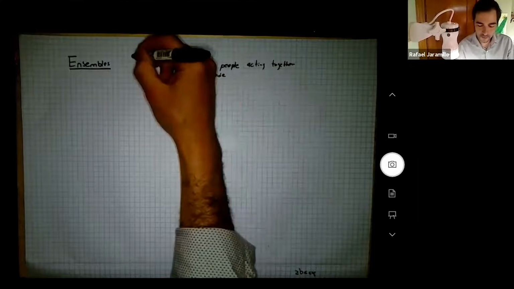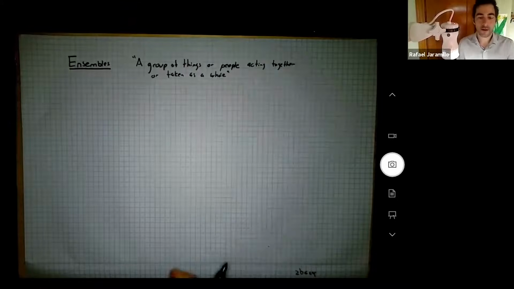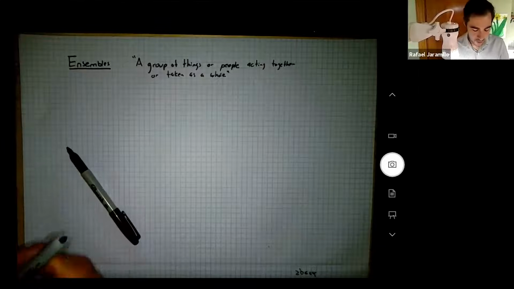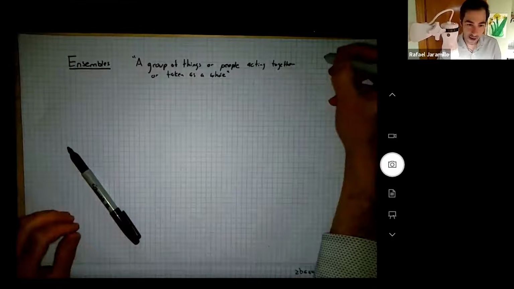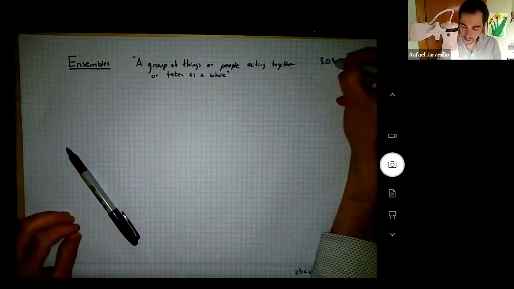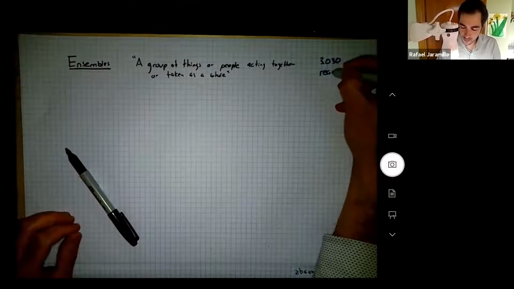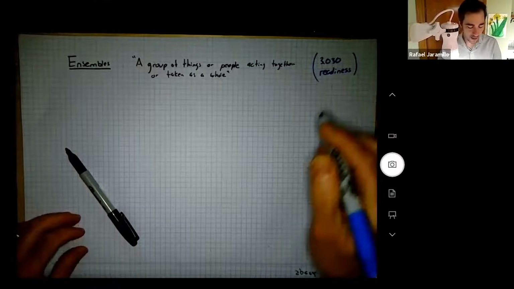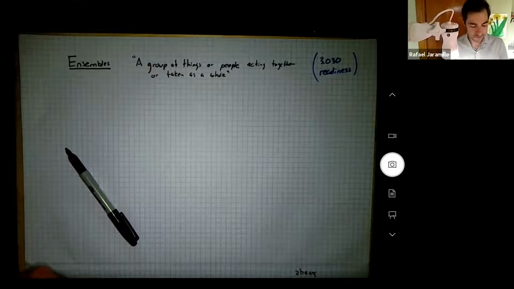So this is a concept, and we're going to use it a lot in statistical thermodynamics, if not necessarily in this class, but like I said, this is 3.030 readiness here. If I didn't tell you about this, I'd get in trouble with Professor Who.